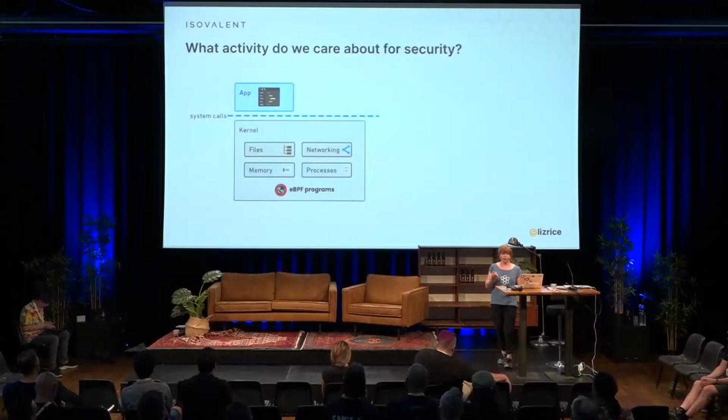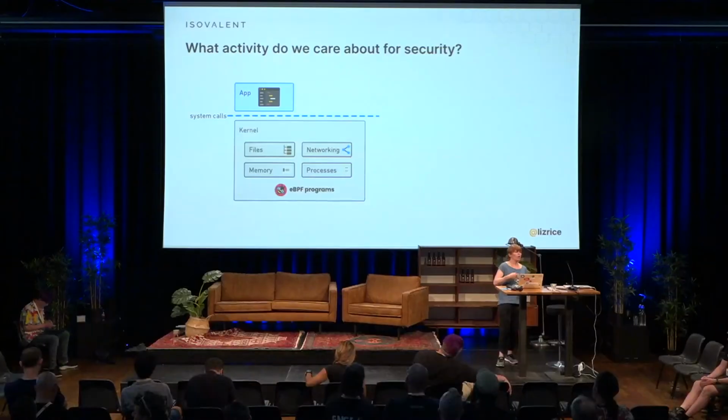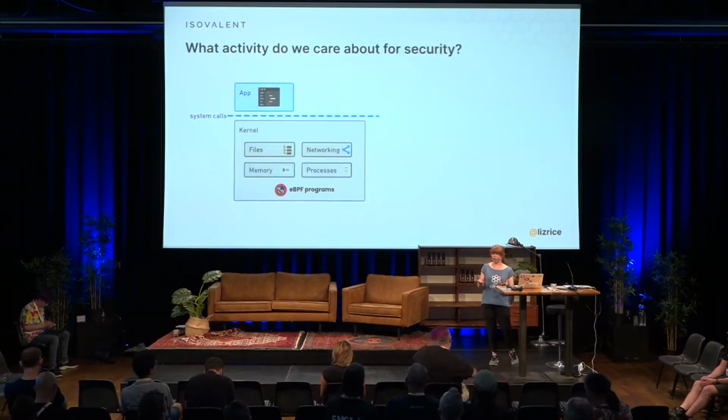The kind of events that we care about are the kind of events that require assistance from the kernel anyway. We want to be able to detect unexpected network traffic. We want to be able to detect unexpected access to data, whether that's in memory or in files. We want to understand when executables are run.